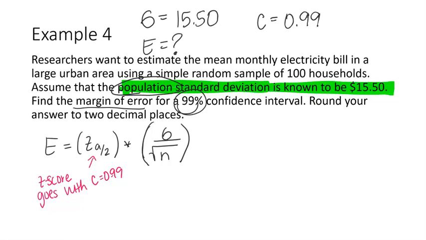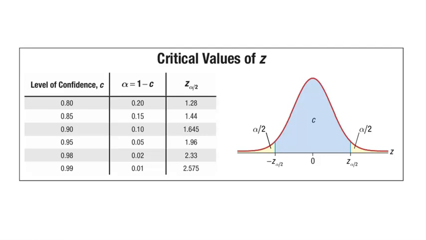So that's where I'm going to bring up my formula sheet. If you want to hand calculate these critical values, you can, because we just did one and we did it literally all of our last lesson. But because 99 is part of my regular chart, I can go straight over here to my z-score. The critical value that goes with my level of confidence is 2.575.